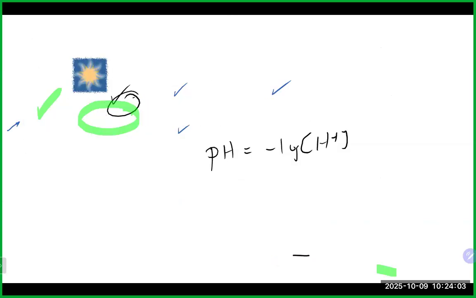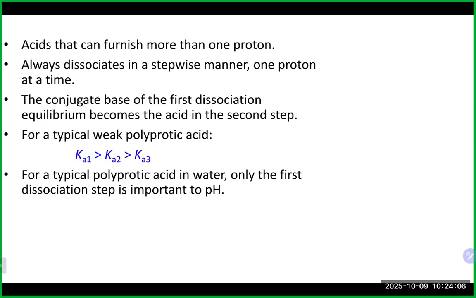All right, so as we saw, acids can furnish more than one proton for a polyprotic acid. They come off in a stepwise fashion. The conjugate base of the first dissociation step becomes the starting point of the next step.